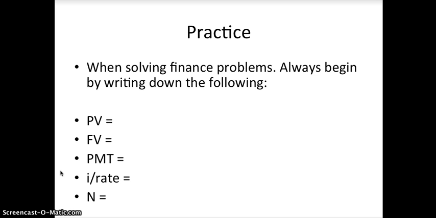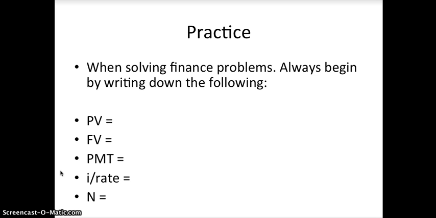Another way of looking at payments would be, of course, through mortgages. We make monthly payments when we have mortgages. So a payment is any type of a distribution of money that's leaving your world, let's say through a mortgage payment, or coming into your world, which might be, say, a dividend that you're receiving from a company whose shares of stock you own.